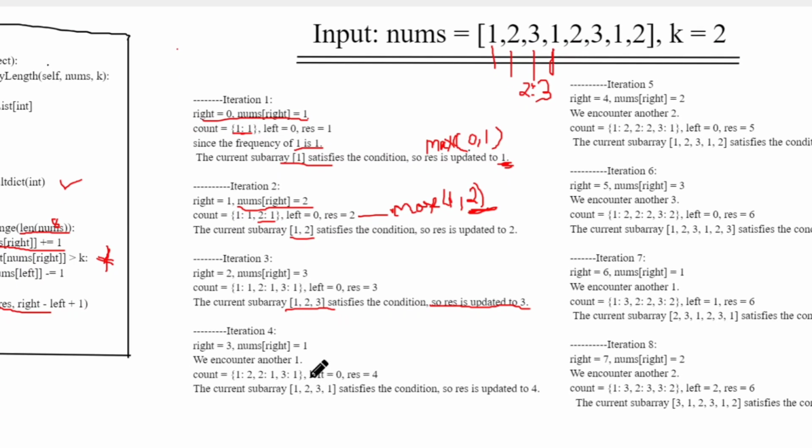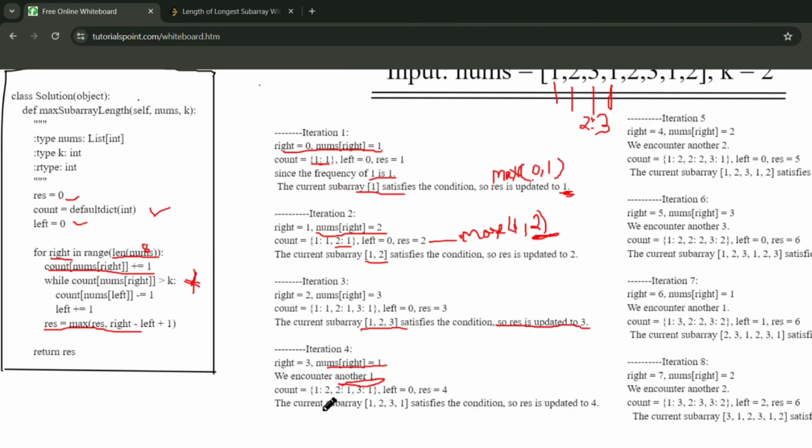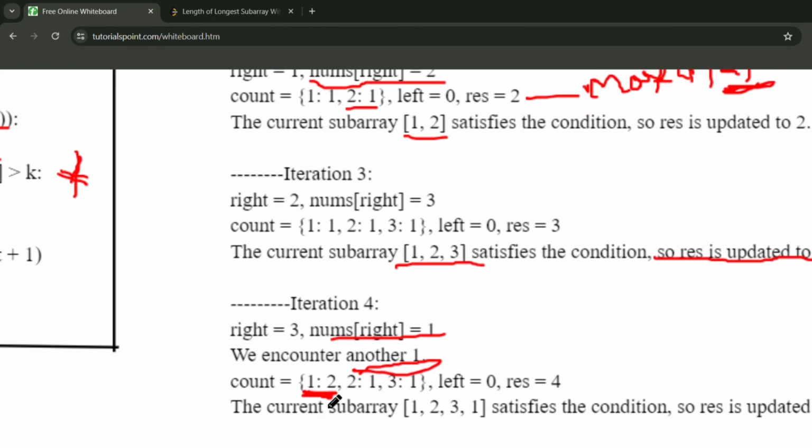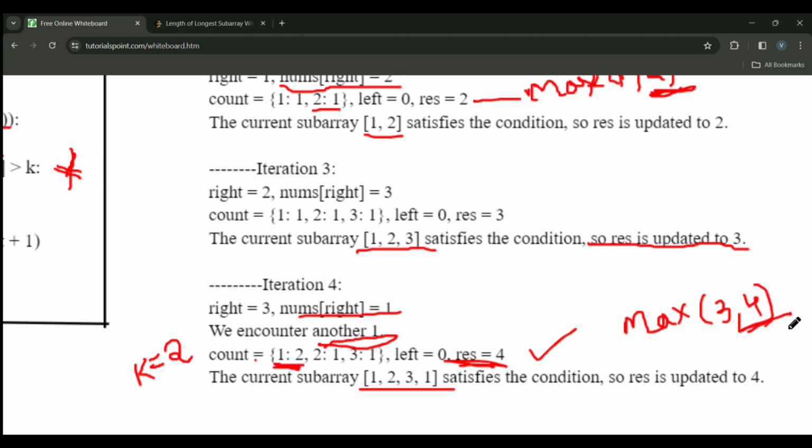For iteration 4 we have another occurrence of 1, so now the count of 1 will be incremented by 1, and now 1 is 2 times, which is less than or equal to k, so we will not enter the while loop this time also. So the current subarray is 1 2 3 1, which satisfies the condition, so result is updated to maximum of 3 and 4, so result is updated to 4.